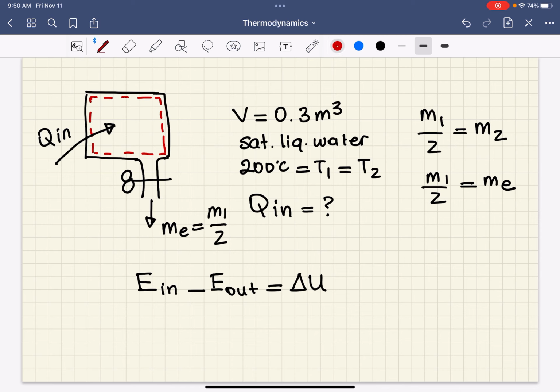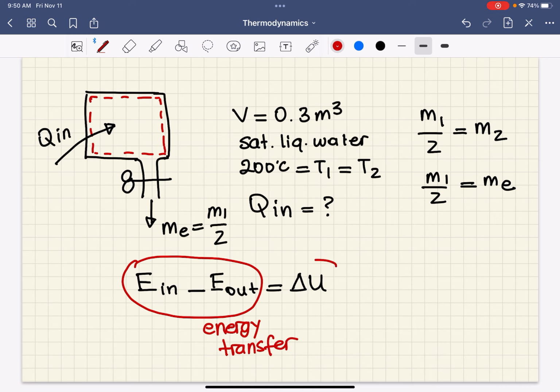Remember what the energy balance is. The left hand side lists the energy interactions, the energy transfer that is taking place, which is causing a change in the energy of that system. The right hand side lists the properties of that system.